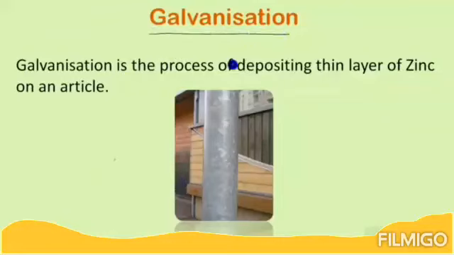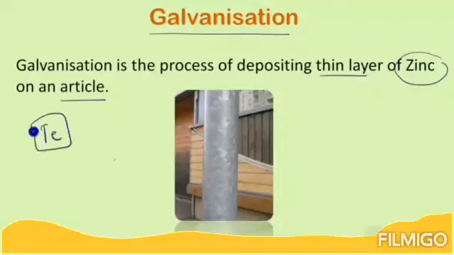Galvanization. It is the process of depositing a thin layer of zinc on an article. Symbol for iron is Fe, and we coat it with a zinc layer.